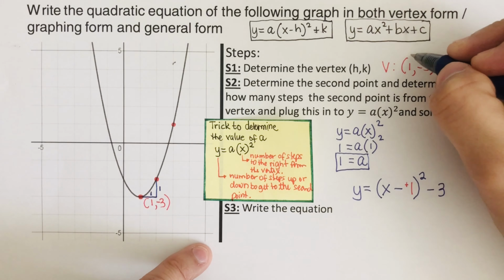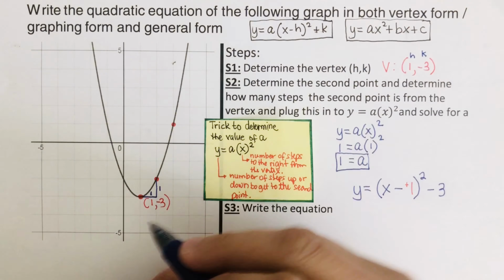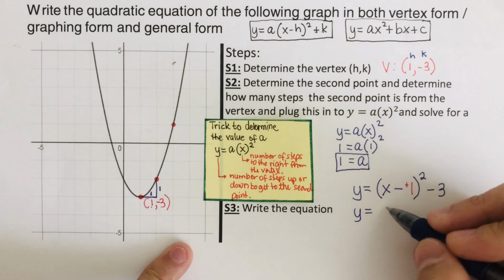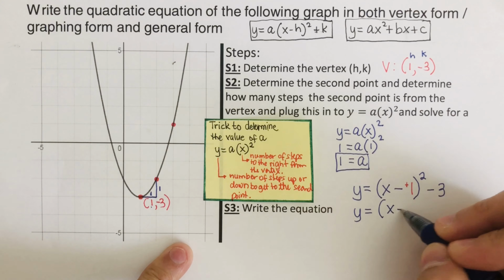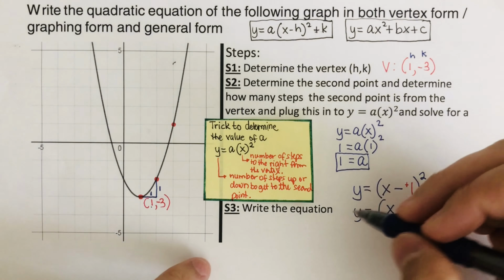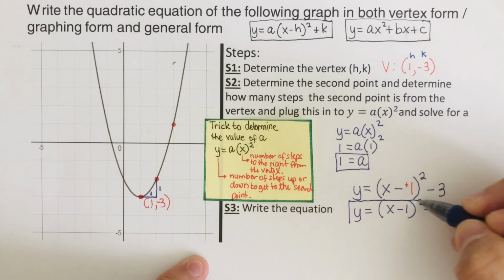Remember, this is the h and this is the k. So we can simplify this to y equals (x minus 1) squared minus 3. This is our graphing form.